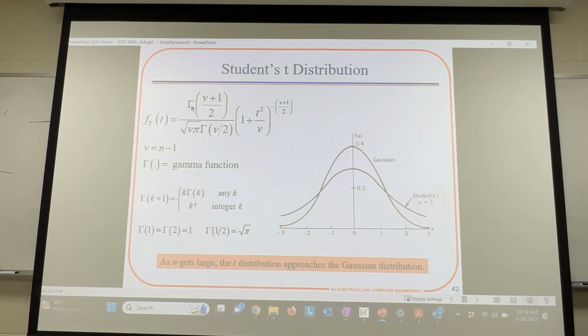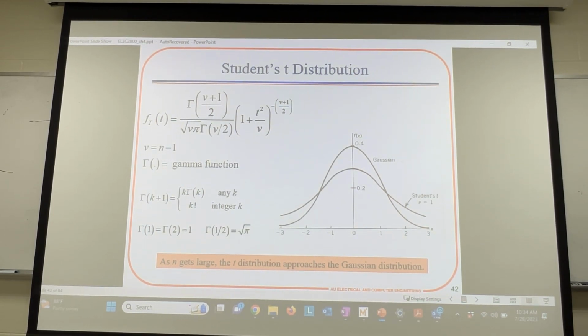Now, what is this? This is the gamma function. Did anybody look this up? Gamma function is actually defined in terms of an integral. I'm not going to go on this, it's a crazy integral. Let me find this thing.